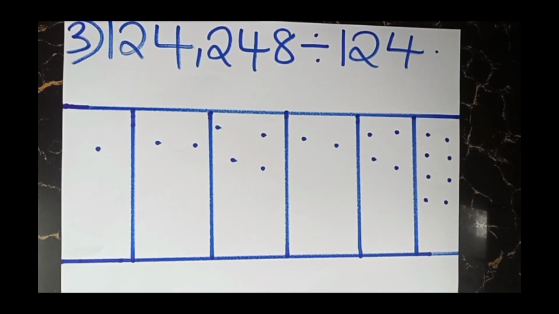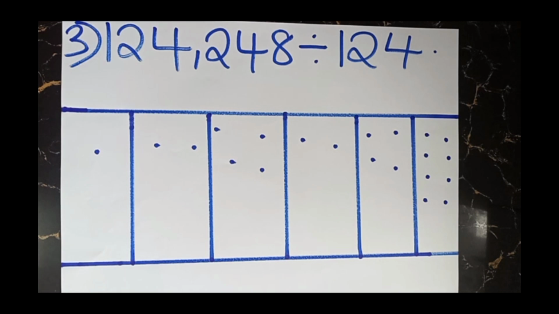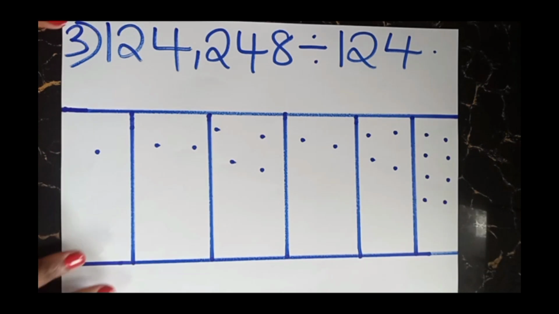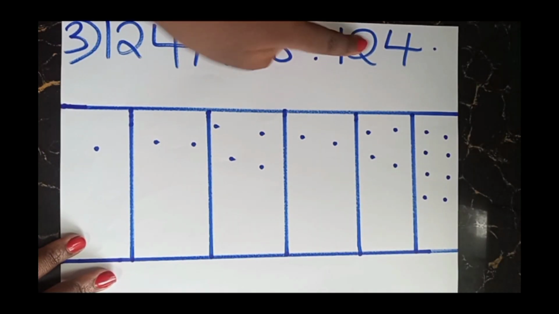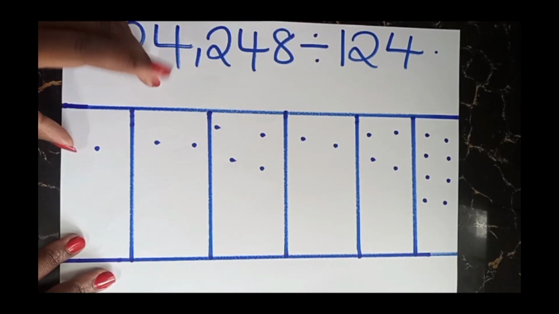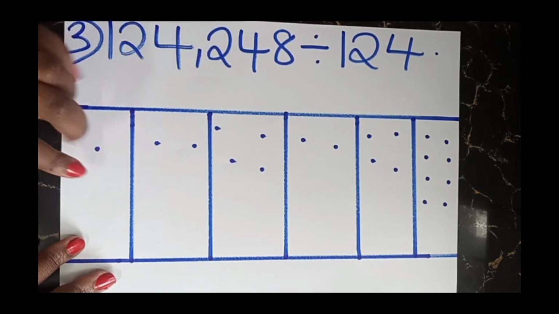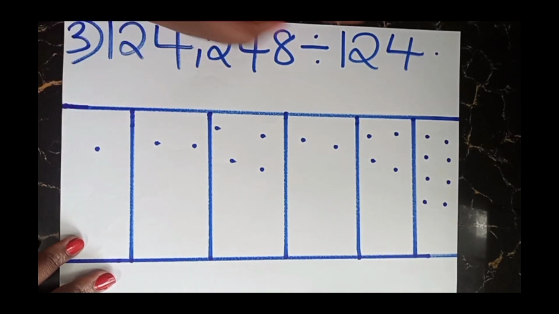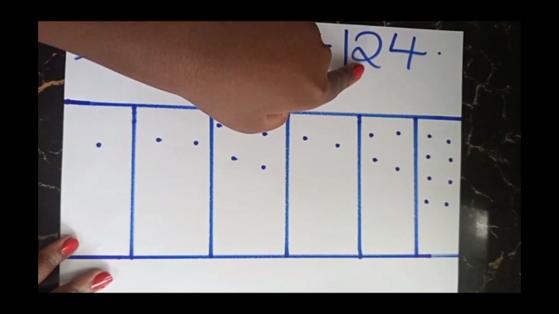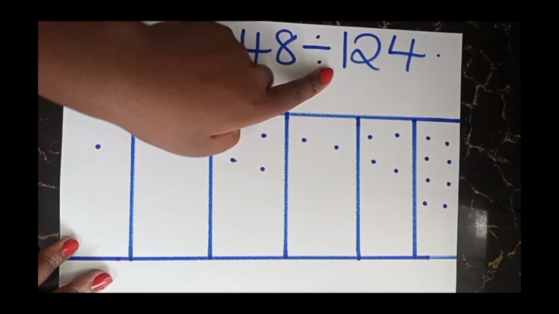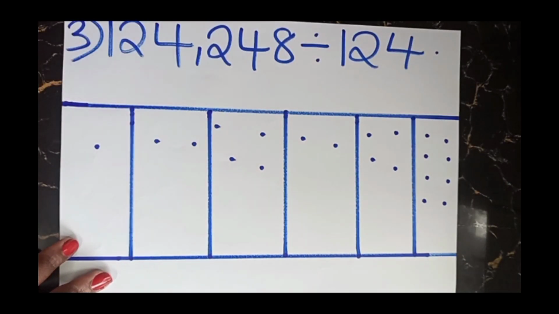So here, like what we've been doing, we are dividing this with a 3-digit number. So how do we go about it? 124: ones, tens, hundreds. So that means we are not expecting to get 124 from one box, because this is in the ones place, this is in the tens place, and this is in the hundreds place.